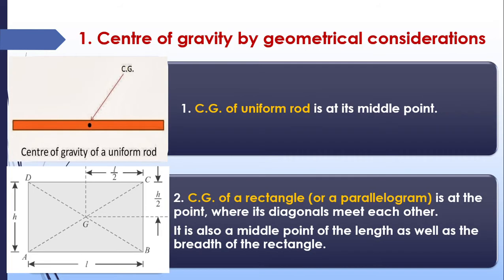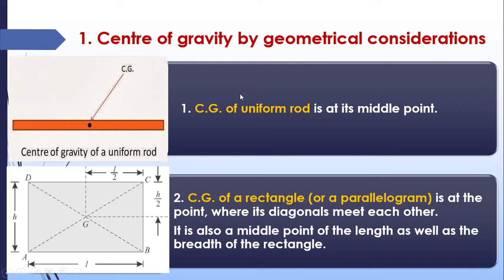First, the center of gravity by geometrical considerations. According to the geometry of the figure, how can we find the point at which the entire weight of the body acts? That is by geometrical consideration. We have 11 geometrical figures here, and we are going to find the center of gravity of those figures.